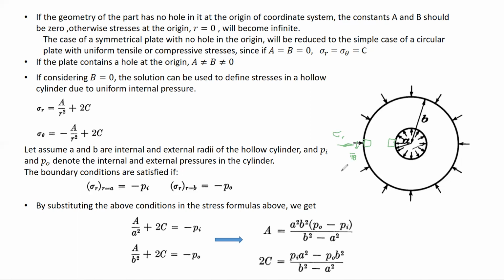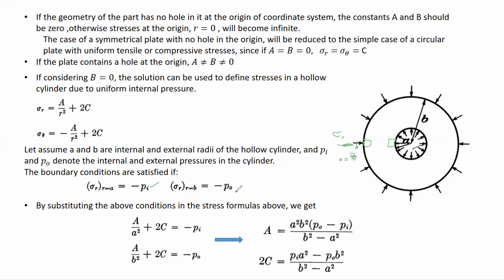The symmetric solution identified that the shear stress everywhere is 0, so there is no shear stress. So the only thing that we need to satisfy is the sigma r. That should balance the pressure that is applied externally on that cylinder or internally for the other elements. From this consideration, stress at radius a is equal to minus internal pressure, stress at radius b is equal to the external pressure.